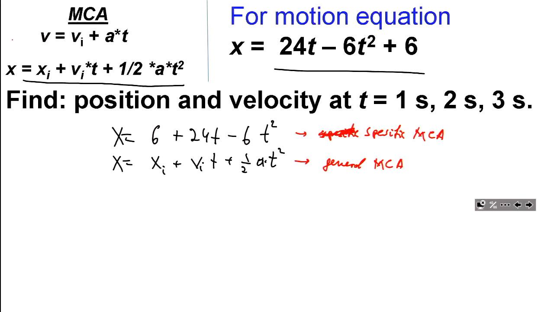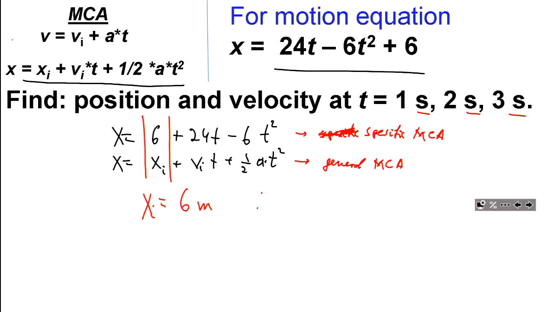The specific one, of course, is supposed to have exactly the same form as the general one, but with specific values. Which values? Well, the initial position for that specific motion is equal to a specific number, which is what? 6. Well, unless we are told otherwise, we automatically assume we are using the international system of units, so 6 meters.